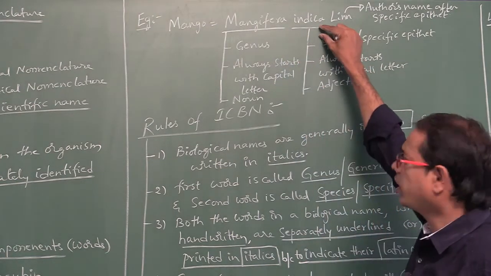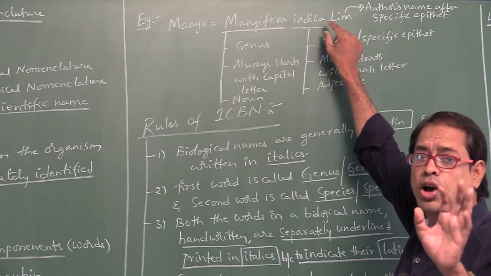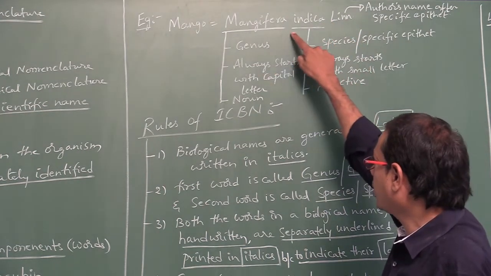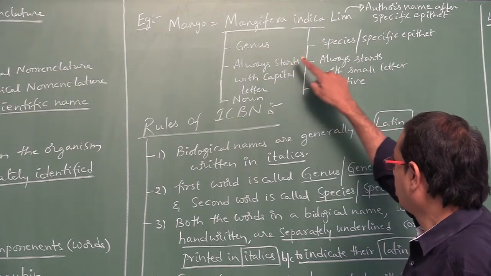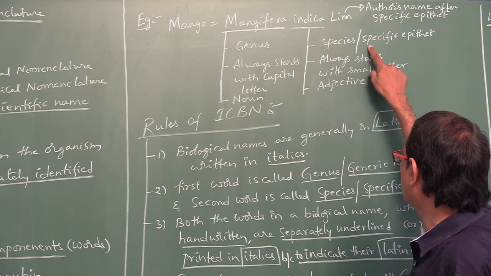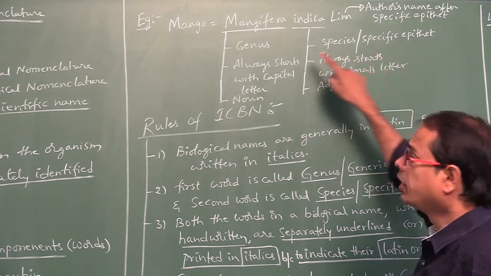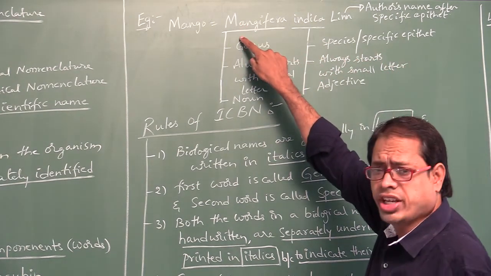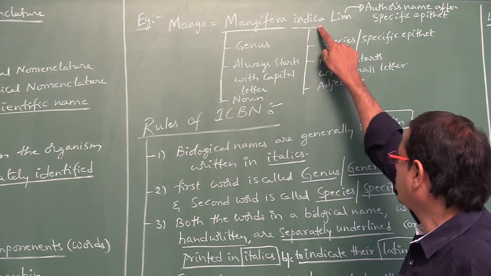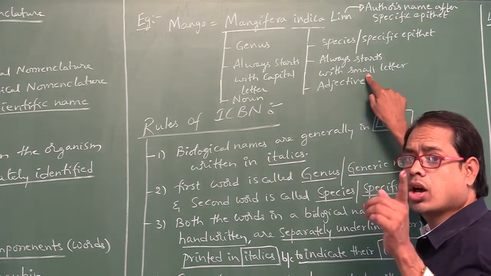The second component is called the species name, also called the specific epithet. The genus name always starts with a capital letter, and the species name always starts with a small letter.